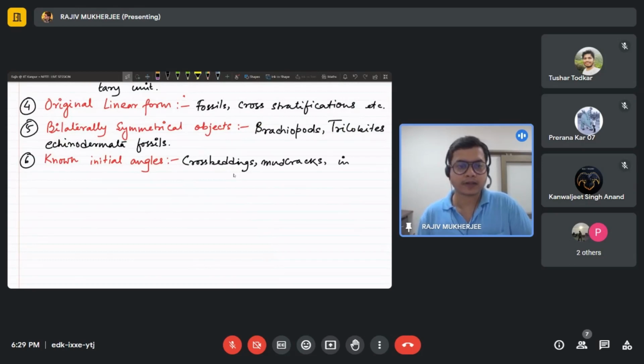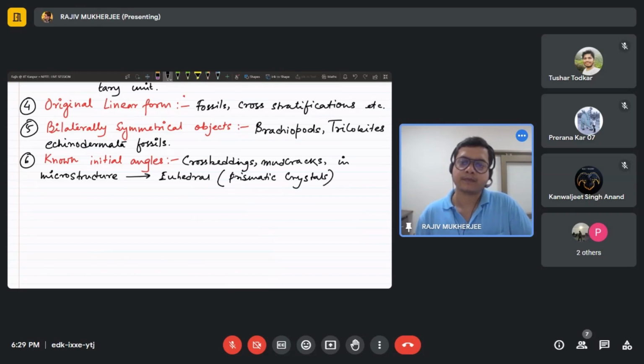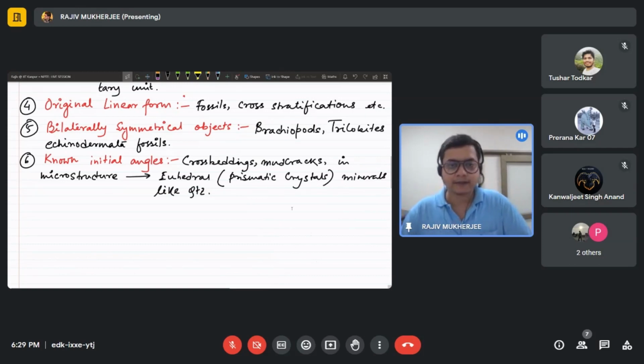In microstructure, we generally consider euhedral, rather prismatic crystals, minerals like quartz. Okay, so these are the 6 different kinds of strain markers.